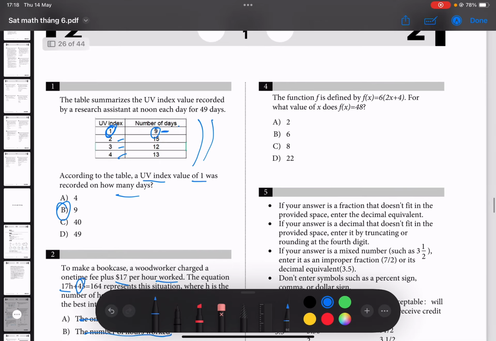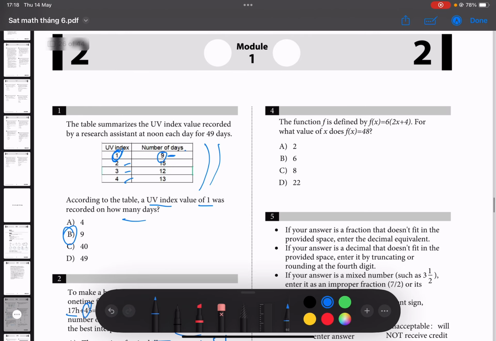Moving on to number 4. The function f is defined by f(x) = 6(2x + 4). For what value of x does f(x) equal 48? We have to set up the equation: f(x) = 6(2x + 4) equals 48, and all you do is basic algebra.